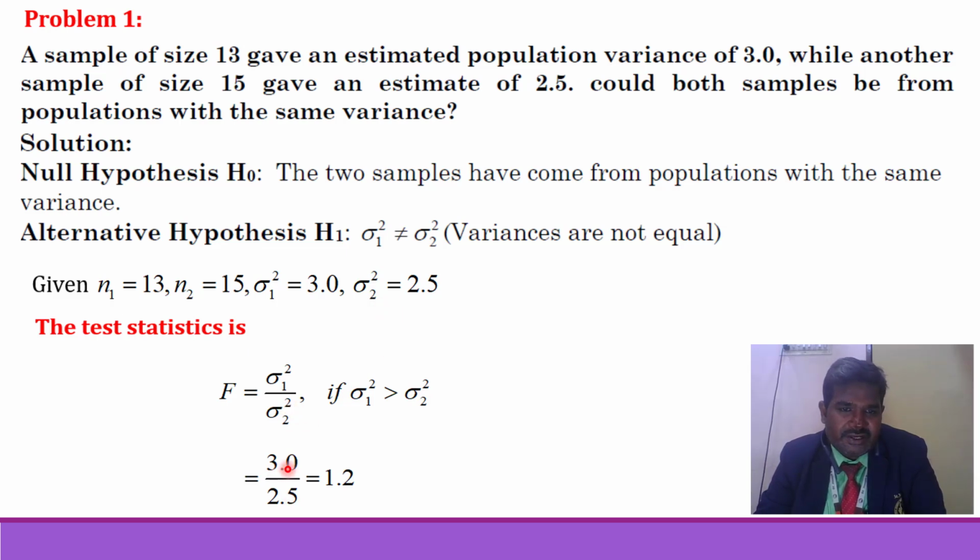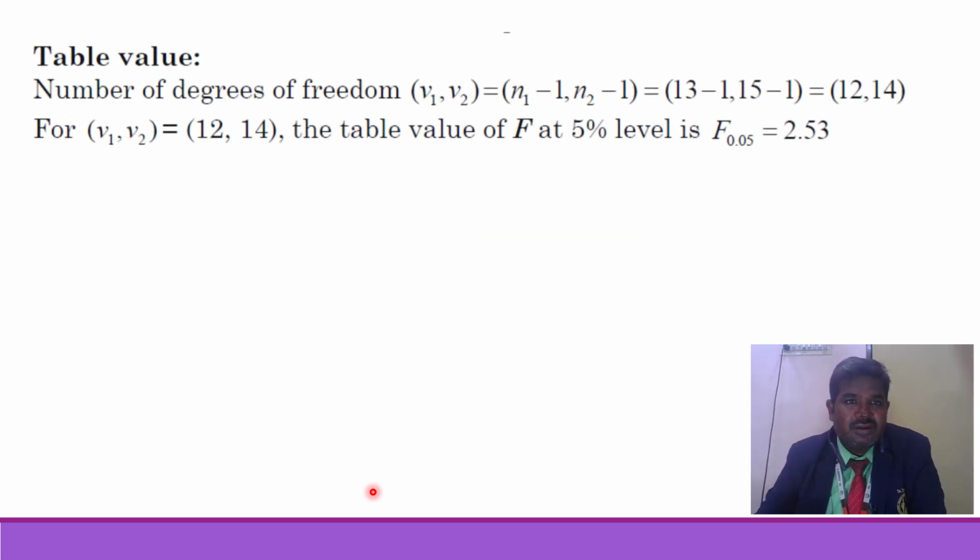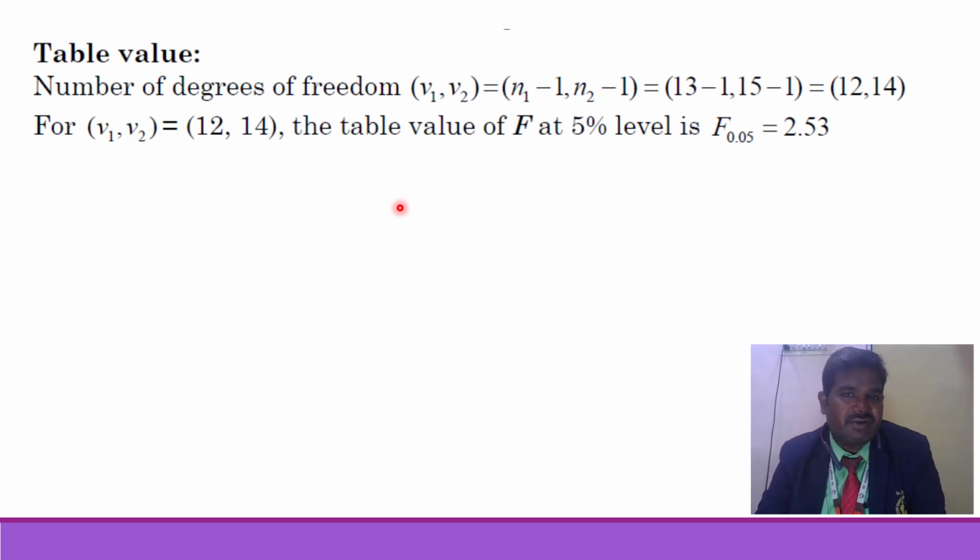So 3.0 divided by 2.5 is 1.2. For the table value, we refer to the F table with degrees of freedom nu1 comma nu2, namely n1 minus 1 comma n2 minus 1, that is 13 minus 1 comma 15 minus 1, that is 12, 14. For this we get the table value at the 5% level as 2.53.